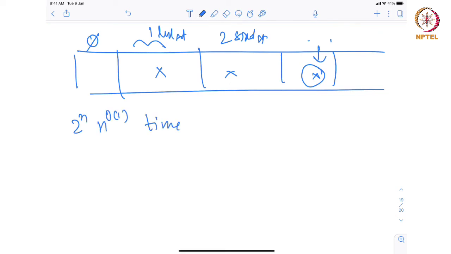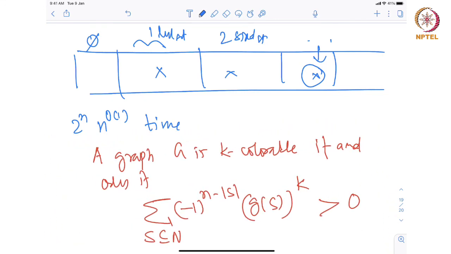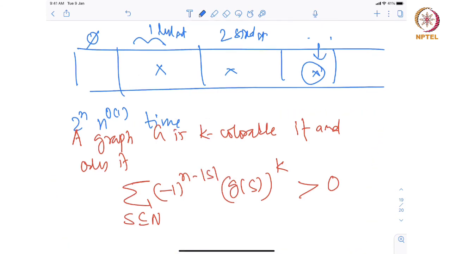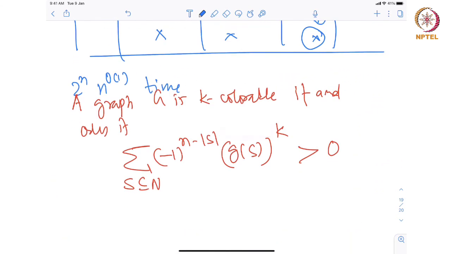And now that you have computed this table G of S, you go one by one, evaluate these numbers and check this.